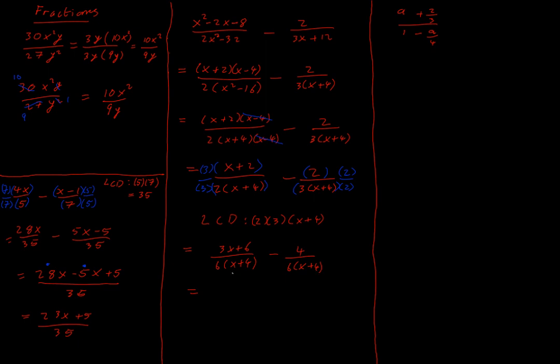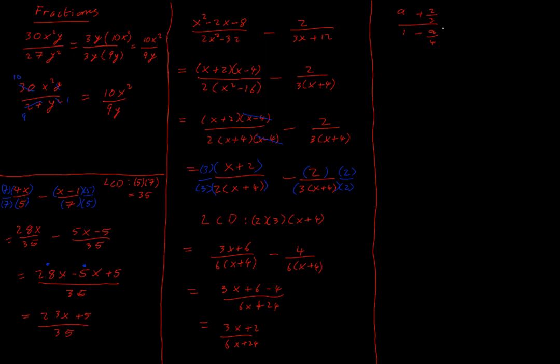I now have the same common denominator, so I get 3x plus 6 minus 4 all over, I can multiply in my bracket, 6x plus 24, 3x plus 2 all over 6x plus 24. And I can't see any common factor top and bottom, so that's my final answer.